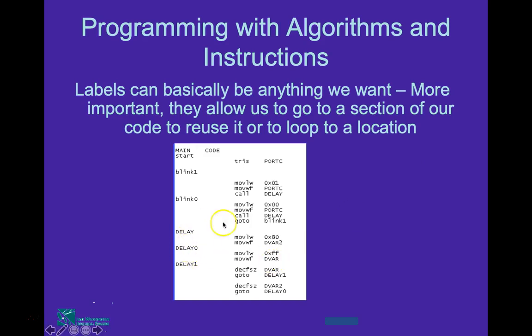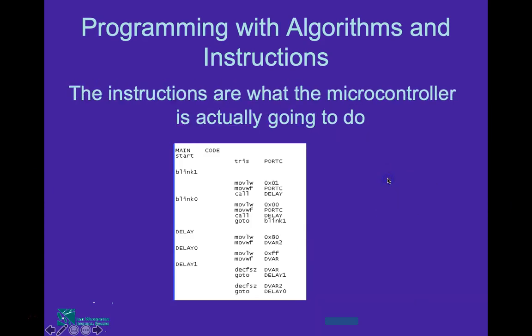For this particular example, you can see that under both labels we have a delay, and this delay is kind of going into a loop. And here we are going to go to that section of the program. It's the same thing which I've told you.